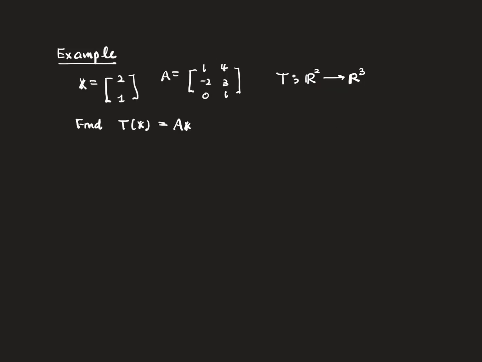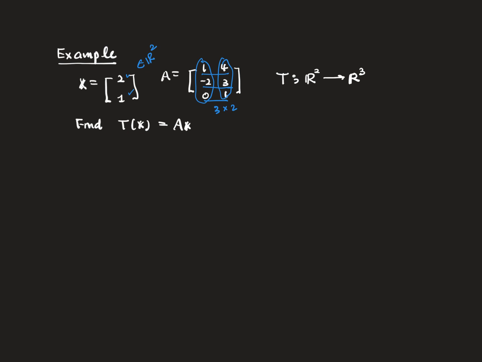A very simple example, guys. Look at this one. This is the x vector, so we have two components. So this one is going to be R2, the vector in R2. Matrix A, guys, what is the size of the matrix? 1, 2, 3, three rows. 1, 2, two columns. 3 times 2.